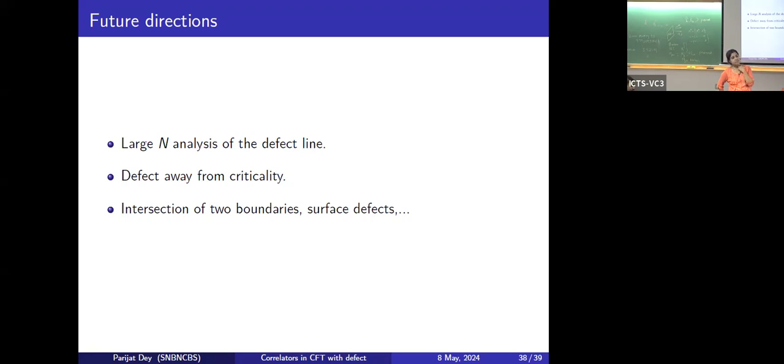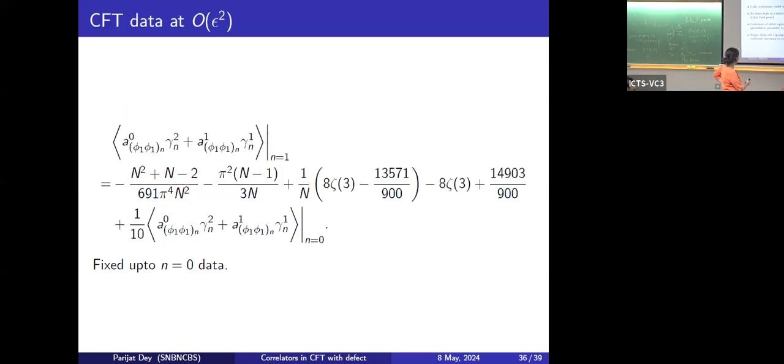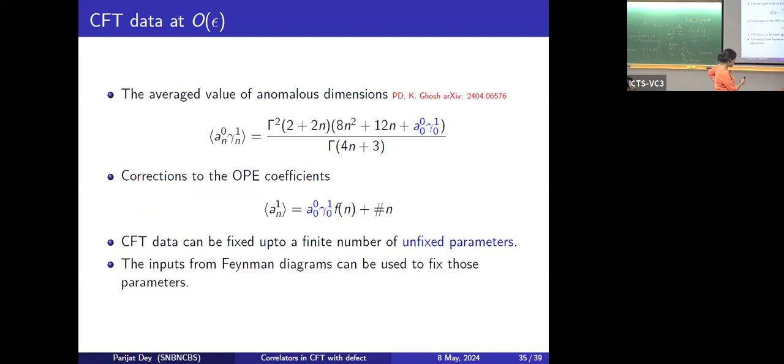And one more question, going back to the bootstrap. So the bootstrap got some results. Was there some matching between that and the Feynman diagrams? Yes. So here these are the quantities that we can compute from Feynman diagrams.